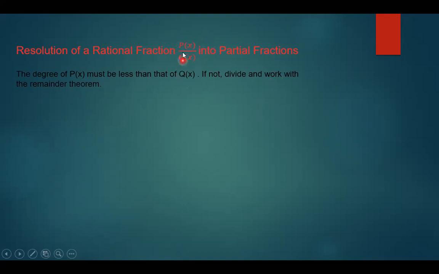If the degree of the numerator polynomial is greater than or equal to the denominator and you start solving the question, you wouldn't reach the solution. So the first thing to observe is whether the degree of P of x is less than that of Q of x or not.